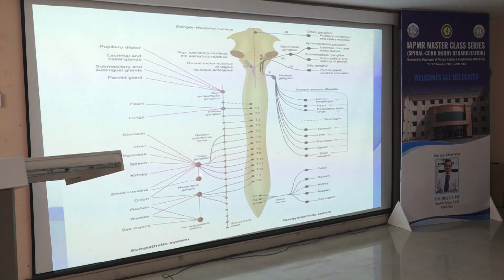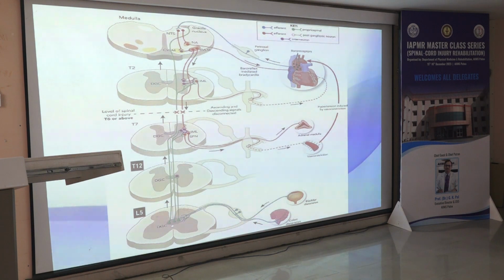The celiac ganglion and splanchnic circulation control is from the sympathetic system, from the T5, T6 area down. Whenever there is some stimulation below this level, suddenly the sympathetic system is stimulated, and the baroreceptors in the heart, the baroreflex, are stimulated.